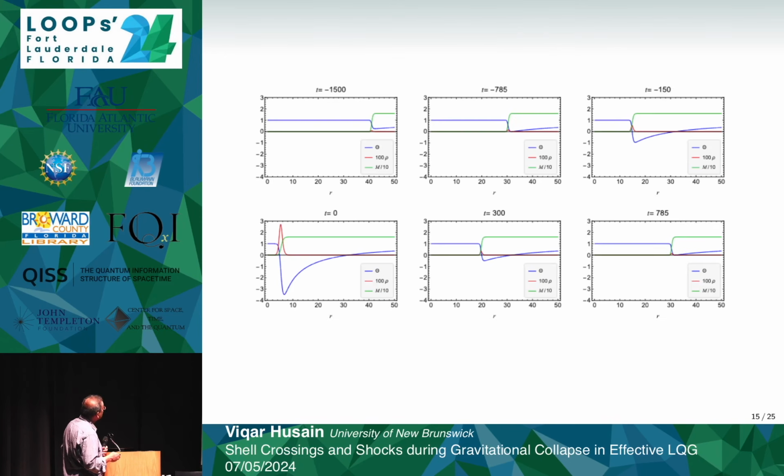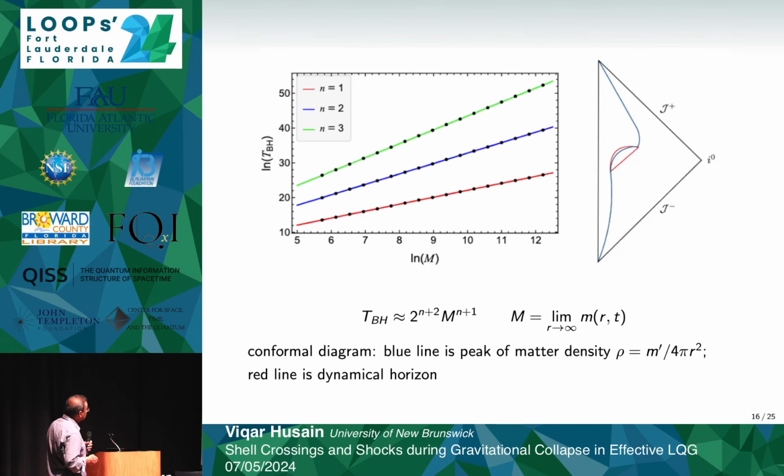And one other thing you can deduce from this metric is the black hole lifetime. The black hole lifetime is just measured by looking at when the roots form in the outer trapping function and then when they disappear. This is the Penrose diagram associated with it.